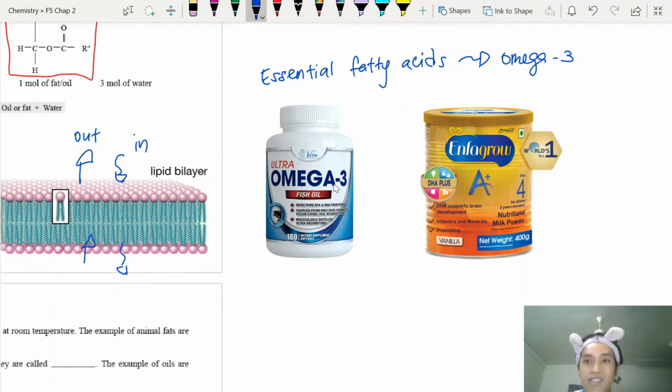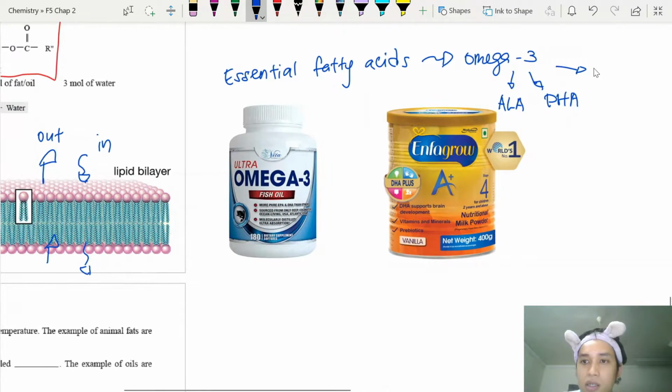An example of omega 3, you can further break down into DHA, which you always see in your milk powder, or ALA, or sometimes you can even see EPA. All these are short forms of the names of the fatty acids.